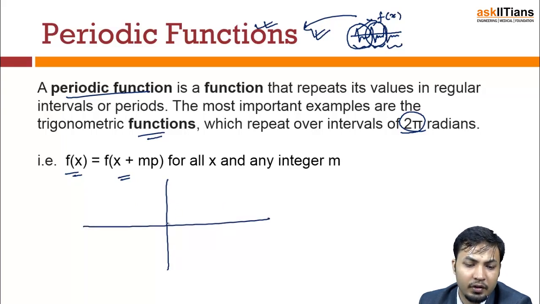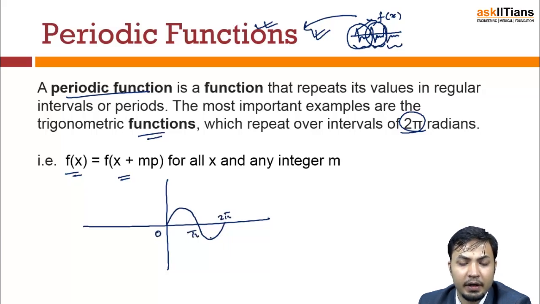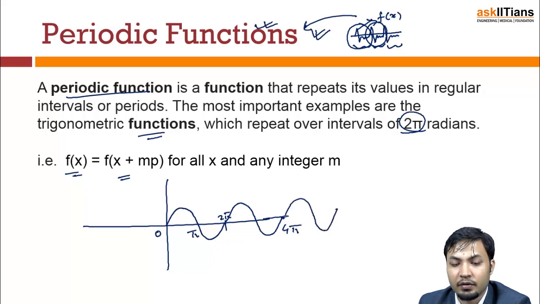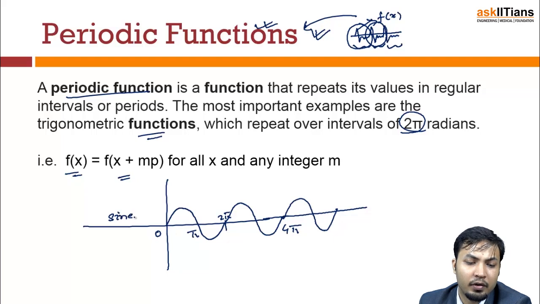If we look at the curve of a sine, you see 0, pi, 2 pi. Then again after 2 pi it repeats like this. Over here it is 4 pi, then again it will go like this. So this is the best example for a periodic function.